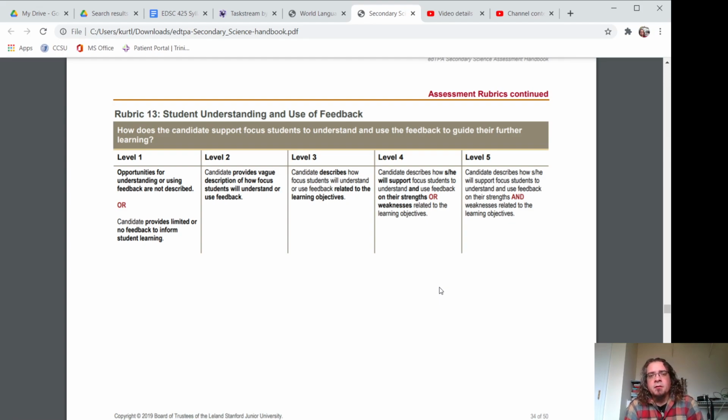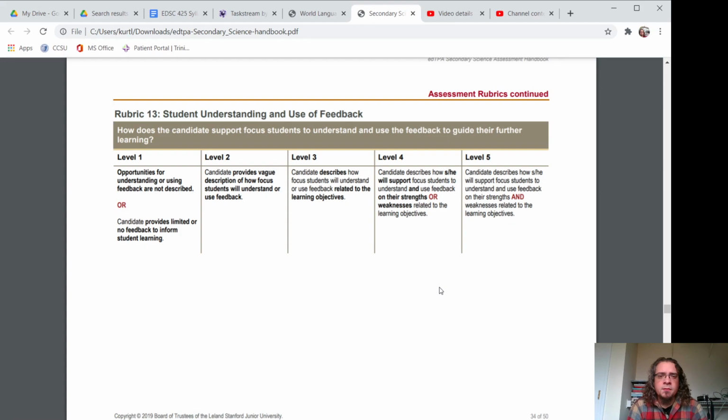So level 3, you describe how focus students will understand or use feedback related to the learning objectives. Level 4 is you describe how you will support focus students. That's the bold, that's the change there.